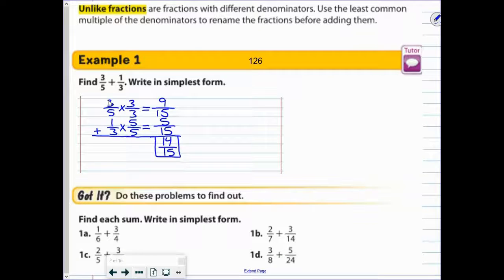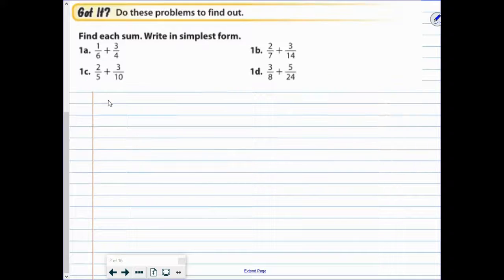Make sure, if you can, simplify and do not leave any fractions as improper. As I said, I'm going to show you examples of all three different ways of getting a common denominator. So let's go down here and take a look at example 1a. Example 1a says 1/6 plus 3/4.